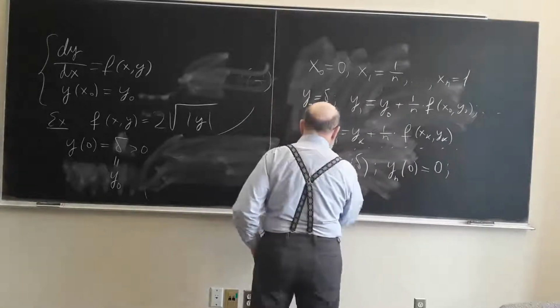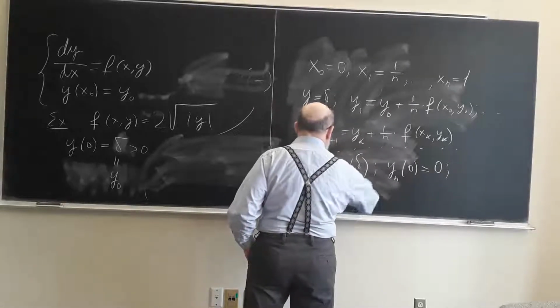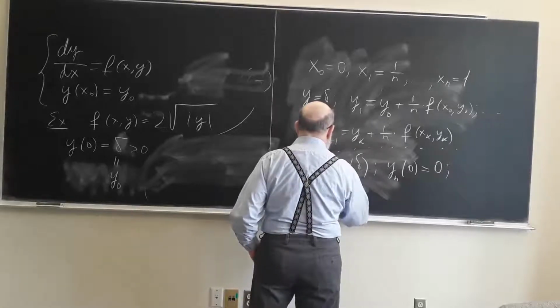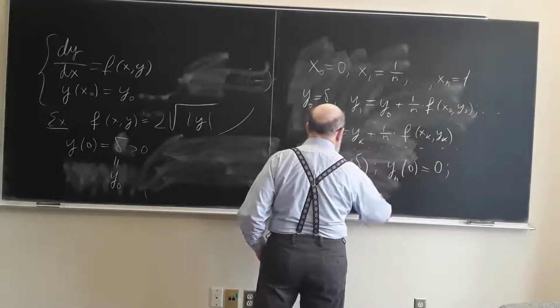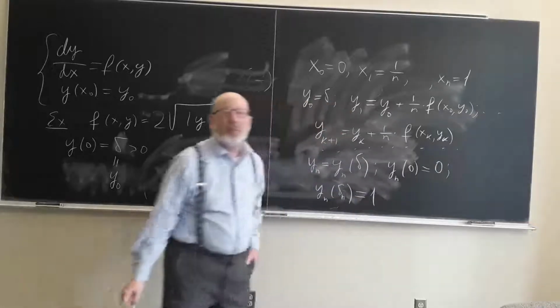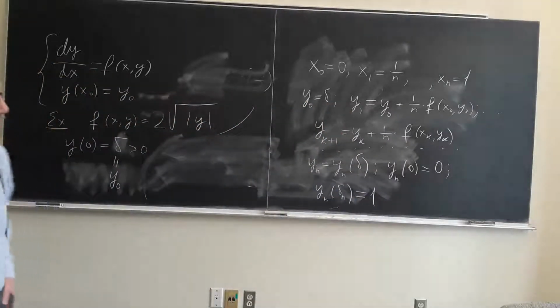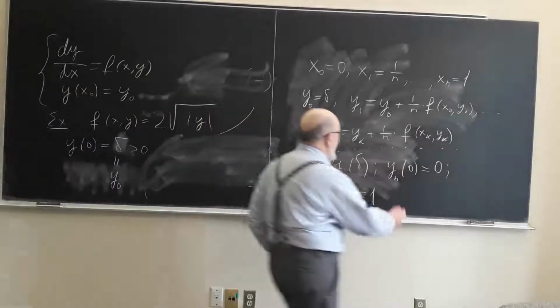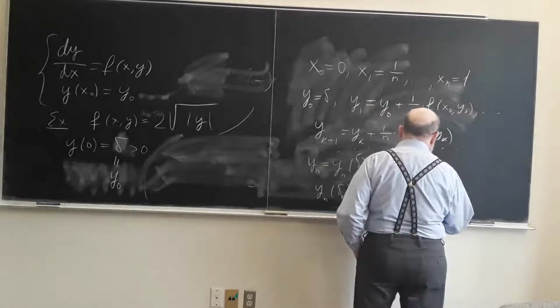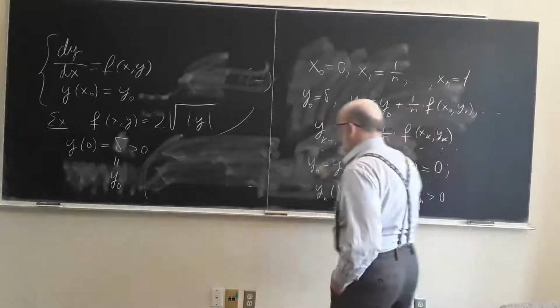So we can say, so yn of some delta, let's call it delta n, equals 1. You can always find some delta, delta equals delta n, where delta n is positive.